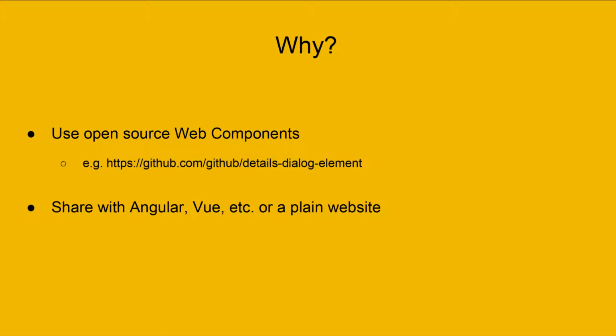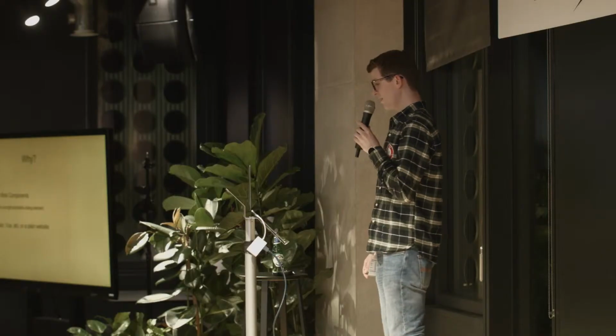So for example, this details dialog: if you want to use an accessible dialog element, you might want to use this. But since this is new, I expect more of these to come out in the future. And then this may actually be a viable option. And if you find an element that works perfectly for you, why not use it?